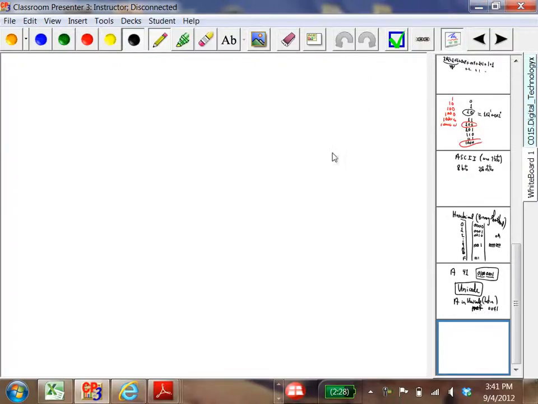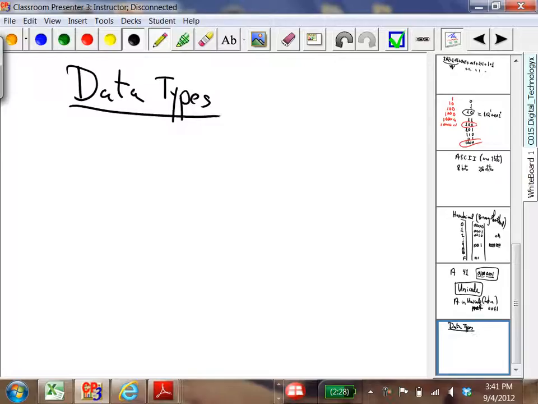So anyway, what I'm talking about today are data types. On a computer, when you store information inside a computer, you store that information in one of several different data types.